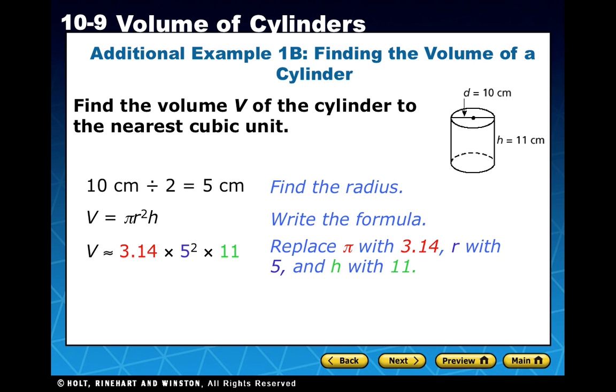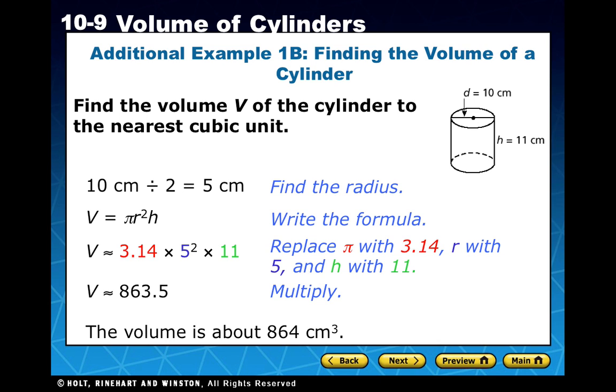So 3.14 times 5 squared times 11, which is the height, and we'll get about, because we're using 3.14, about 863.5, and we're rounding that to the nearest whole number. So since it's 0.5, we're going to round up to 864 centimeters cubed.